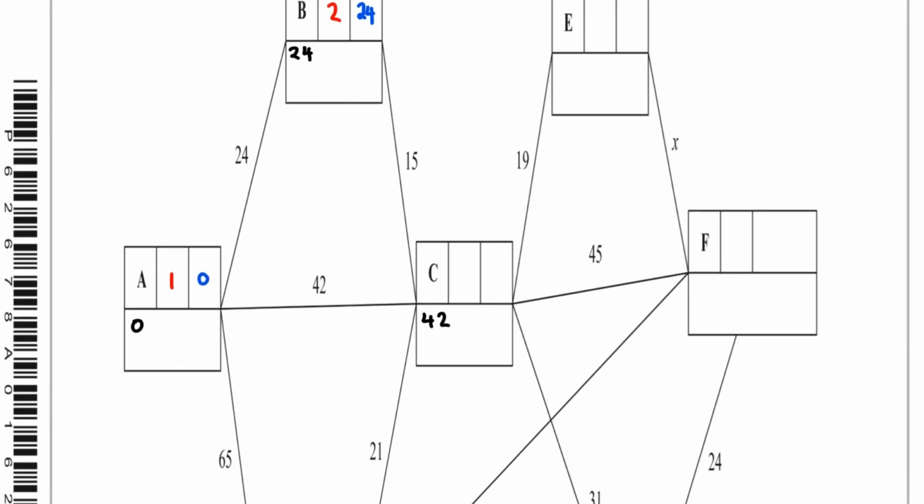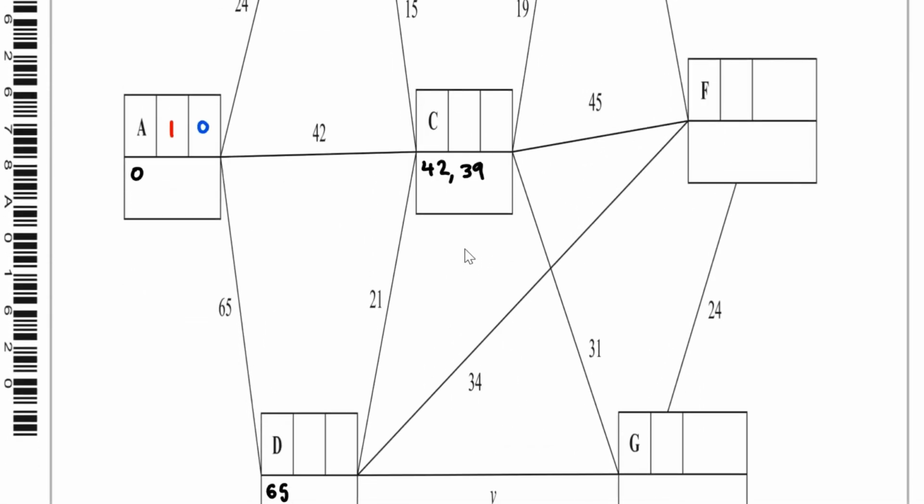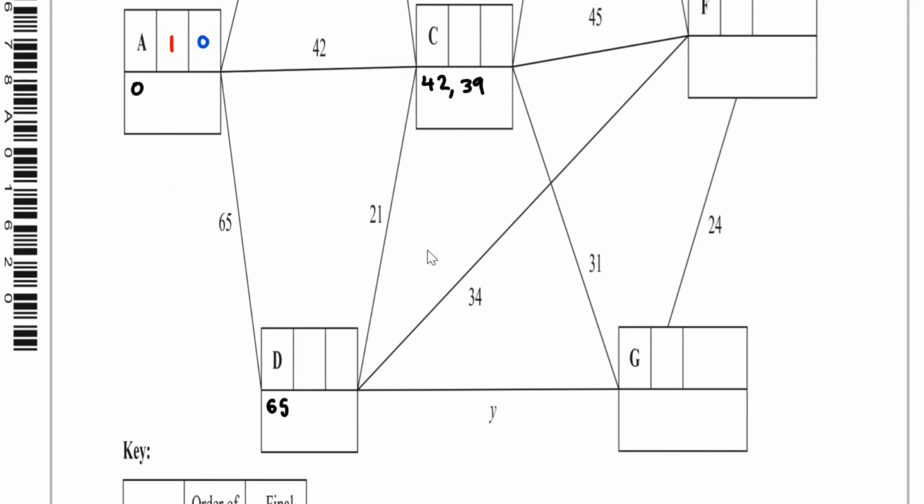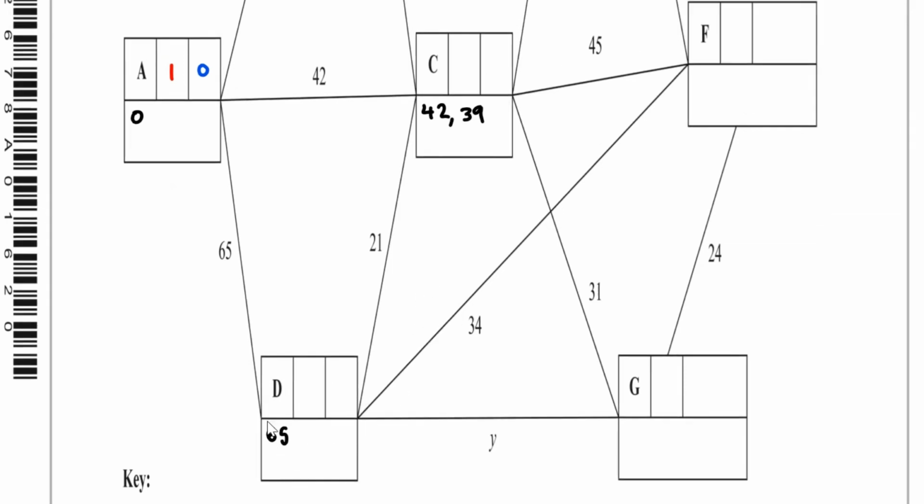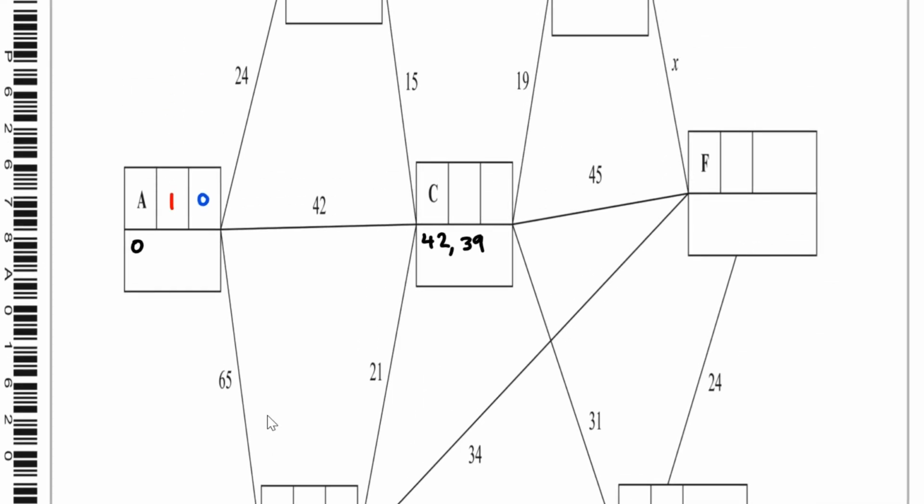Now 24 plus 15, that's 39. And the smallest value from 39 and 65 would be 39.